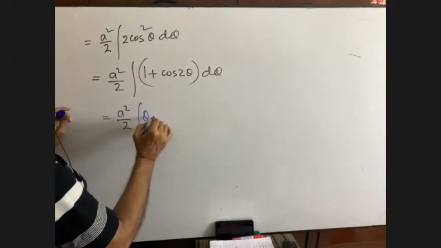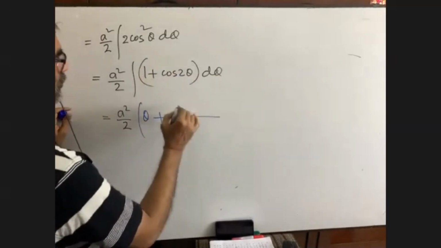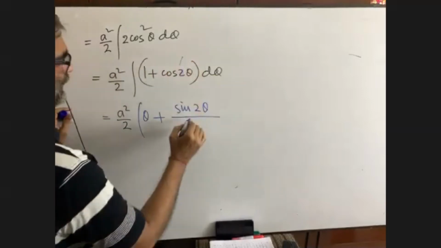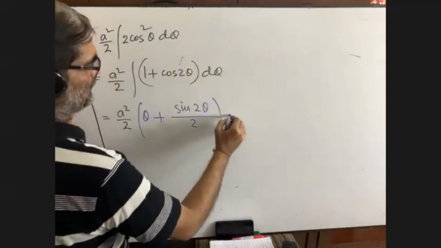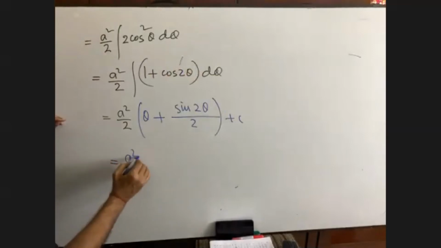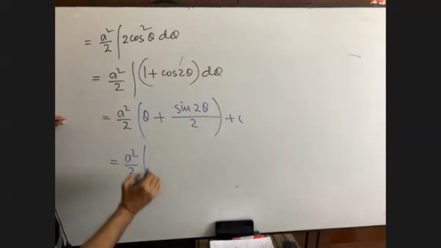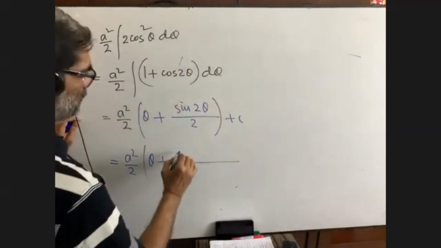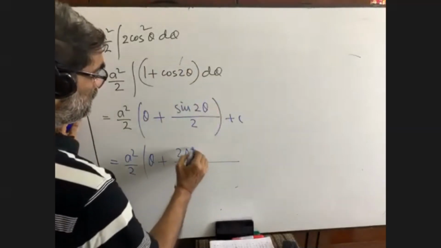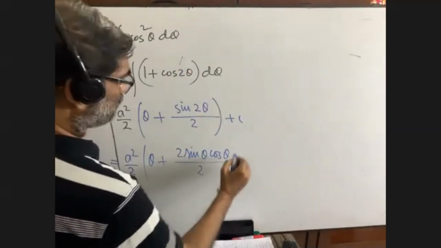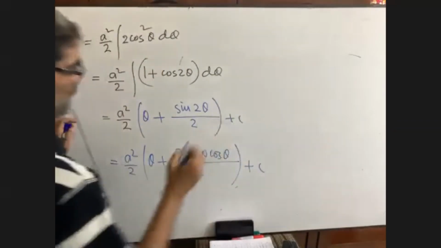Only theta. Cos 2 theta, that is sine 2 theta by 2, plus c, right? That is a square by 2 into theta plus, what is sine 2 theta? 2 sine theta cos theta by 2, like the previous math.